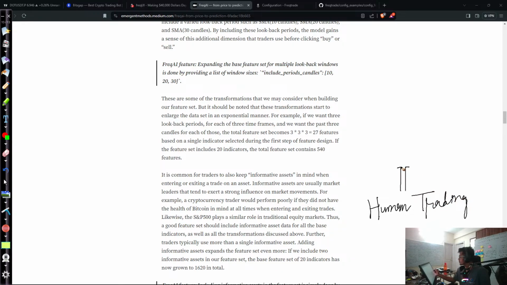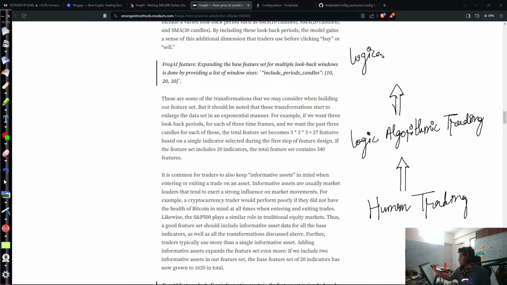Then we move on to logical algorithmic trading, and then finally we combine both of these and build logical AI trading algorithms.